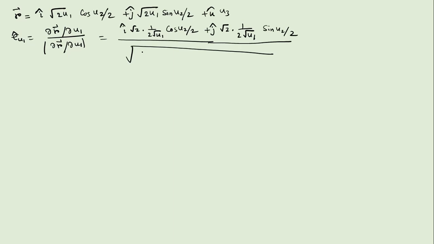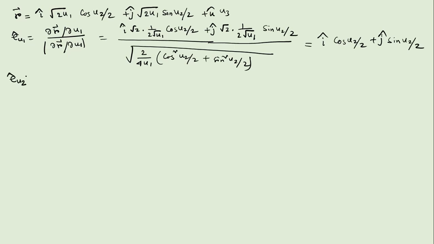So when you square, you get 2 by 4 u1, and you take common cos square u2 by 2 plus sin square u2 by 2. These two sum to 1, so you get 2 by 4 u1, and this term will be cancelled out. You will get i cap cos u2 by 2 plus j cap sin u2 by 2.